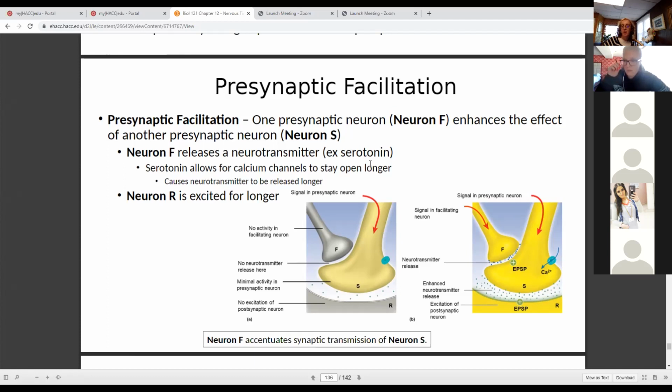So neuron F is going to release neurotransmitter, which is going to allow for calcium channels on neuron S to be open for longer. Neuron S is synapsed with neuron R. So if neuron S allows for neurotransmitter to be released for longer, what that means is that neuron R is going to be activated for a longer period.